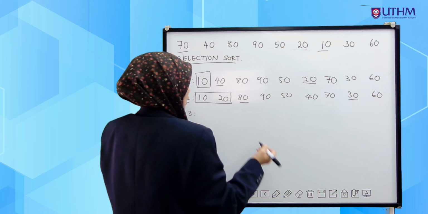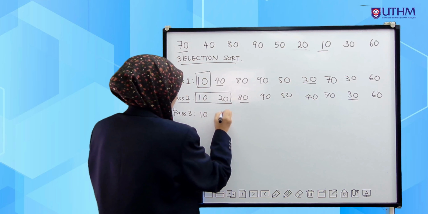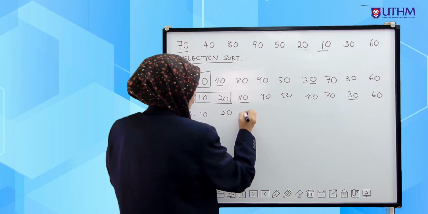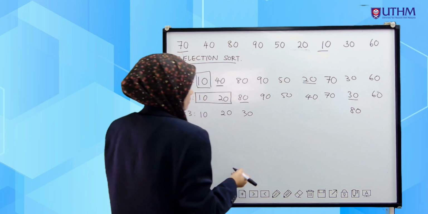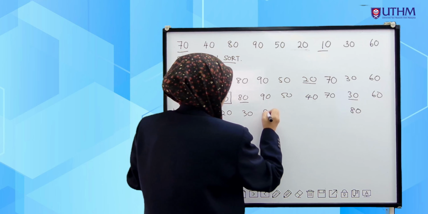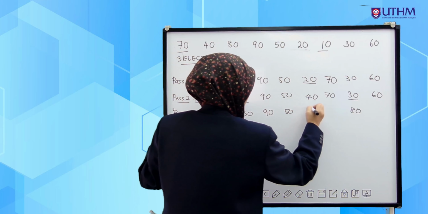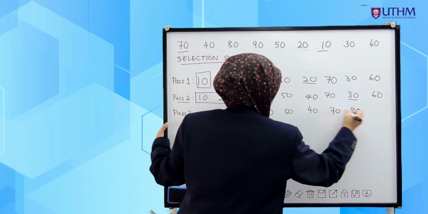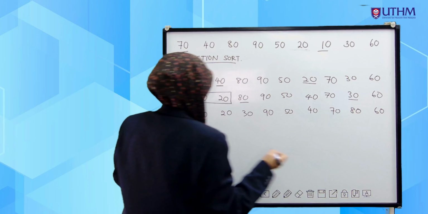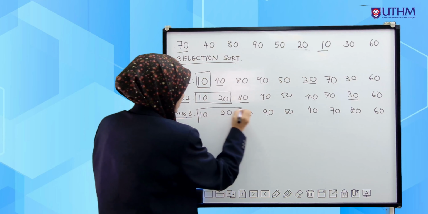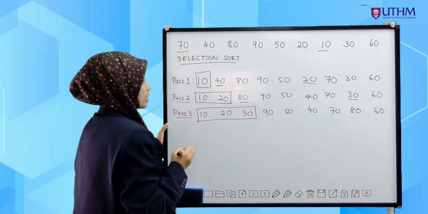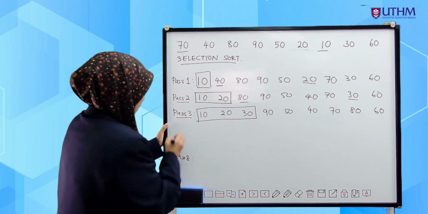So now you have 10, 20, followed by 30. 80 is swapped with 30. Now you have 90, 50, 40, 70, and 60. You can see that after pass 3, the first 3 values are already in sorted order.